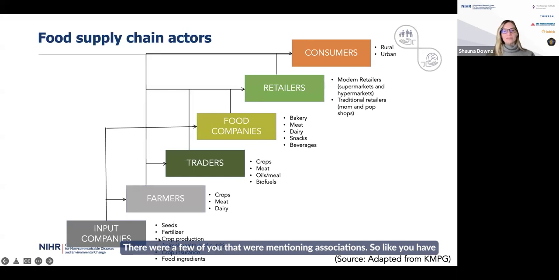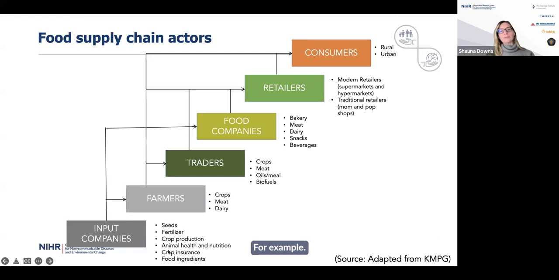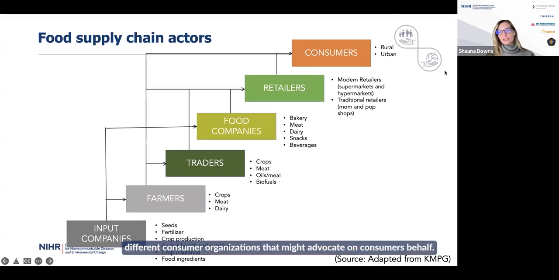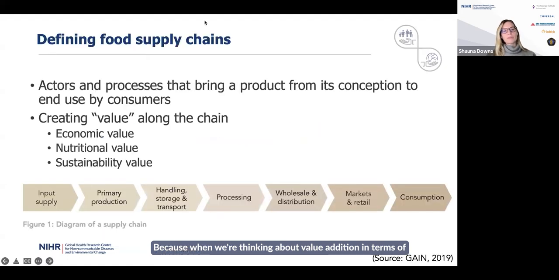So you have, for example, different consumer organizations that might advocate on consumers' behalf, for example, on things like food safety. Because when we're thinking about value addition in terms of nutrition value, it can also be related to things like food safety, obviously.